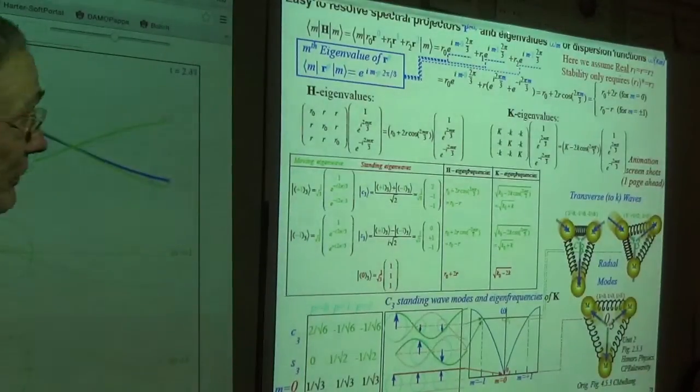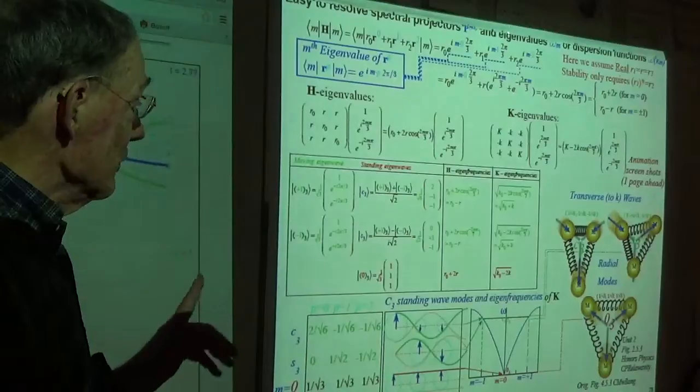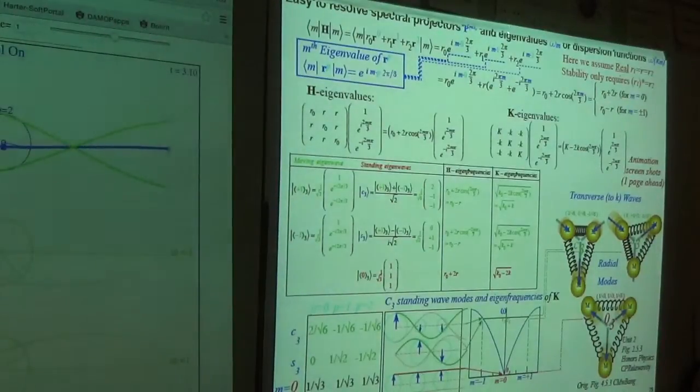So there is a picture of a standing wave, which is kind of what we have right here. But it's just that I've got it moved over just a little bit so that these 2 guys are not quite the same size as each other.